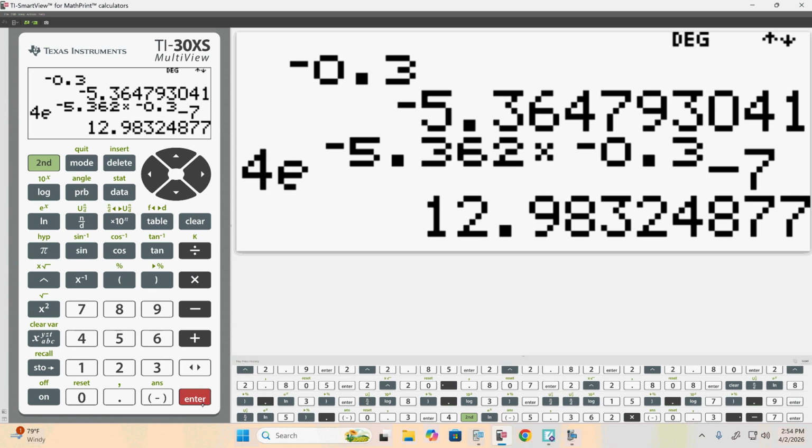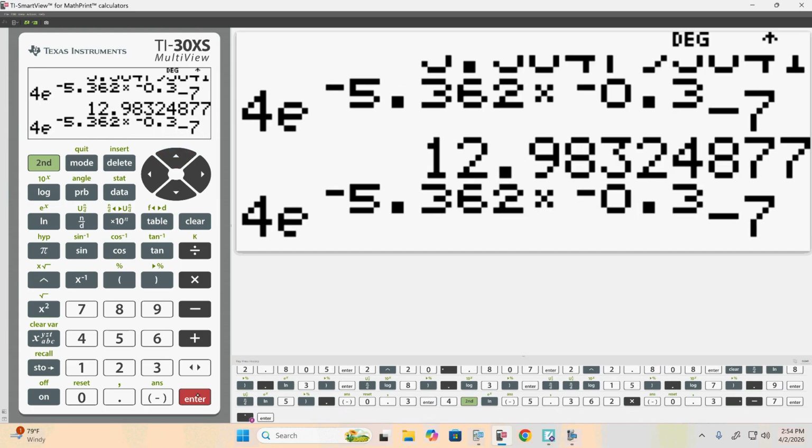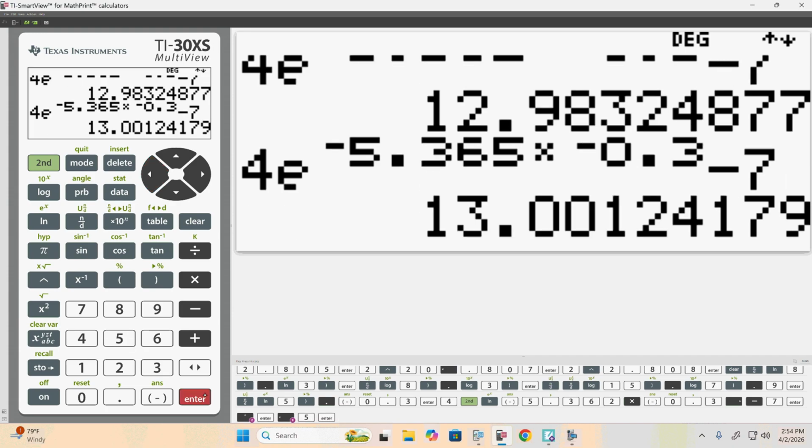Not exactly, but was the value of x exactly negative 5.365? It was rounded. Actually, I rounded to the wrong number because that should have been 365. But even with 365, we still don't have exactly 13. Because I ended up rounding up, we went above it. Not by a lot, but we did go above it.